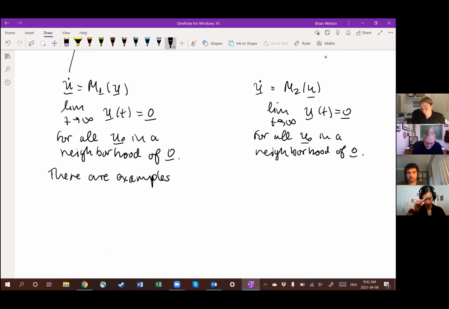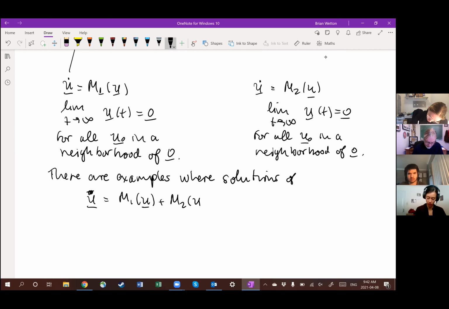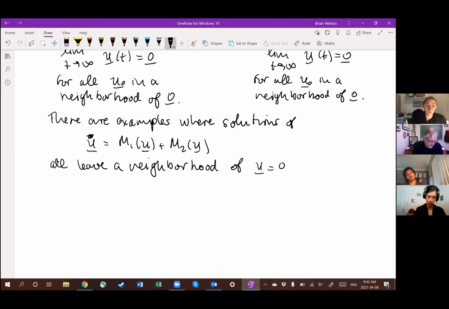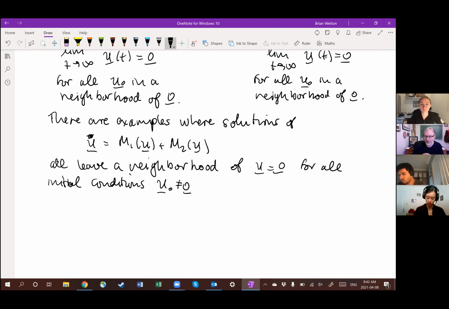But there are examples where solutions of this thing all leave a neighborhood of u equals 0 for all initial conditions. Well, not the exact origin because it's a fixed point. But for all initial conditions, not exactly at the equilibrium point in that neighborhood.